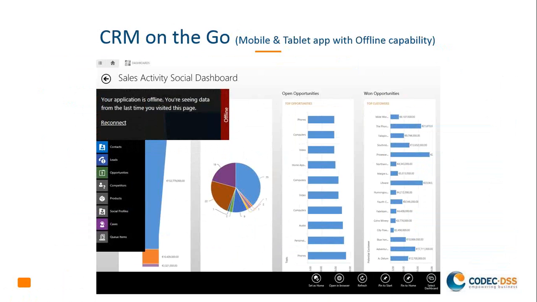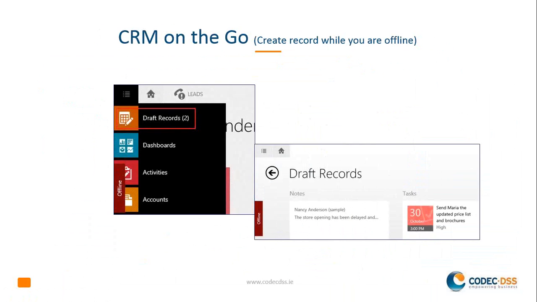So the offline capabilities, that's the cool one. That's the new one. Last year it wasn't available, and now it's open. I'm going to show you in detail here. You can create records while you are offline, which means draft records.